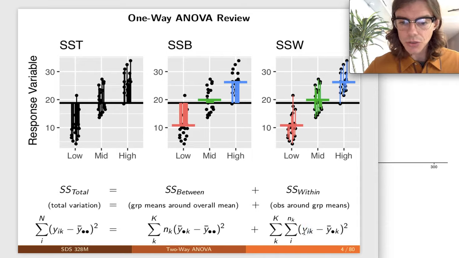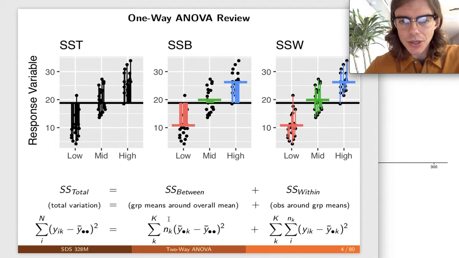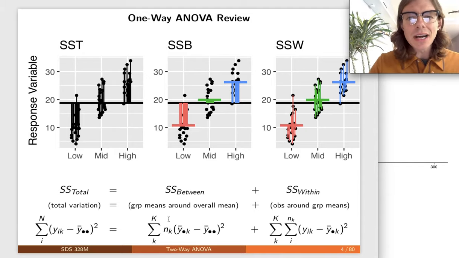How far is each individual guinea pig from its own group mean, squared and added up, right? And again, you won't have to do the sum of squares calculations by hand, but personally, I didn't feel like I understood ANOVA very well until I saw how we break this total variation down into the part we can explain by knowing what group a guinea pig is in, and then the leftovers, the part we can't explain.